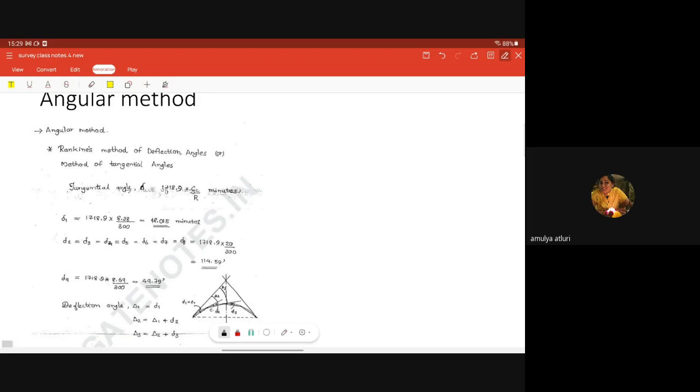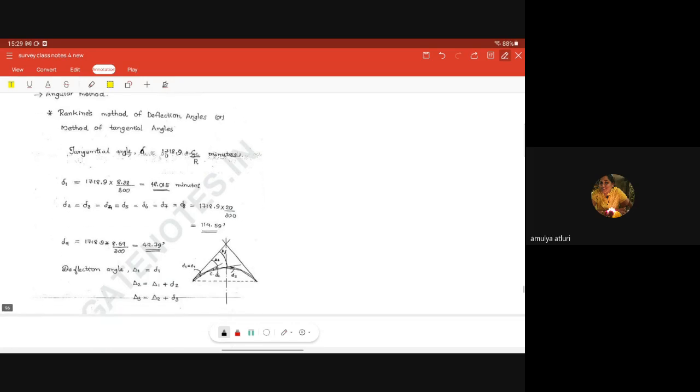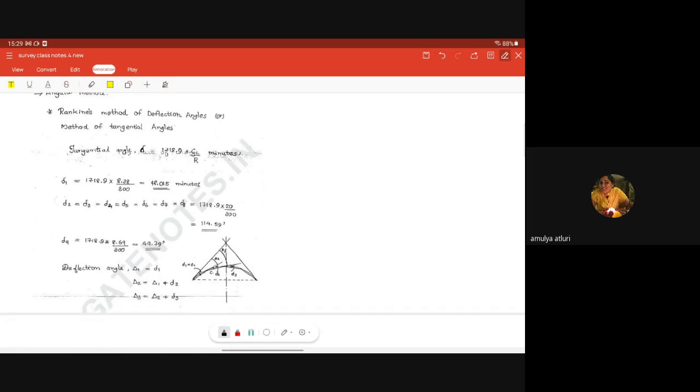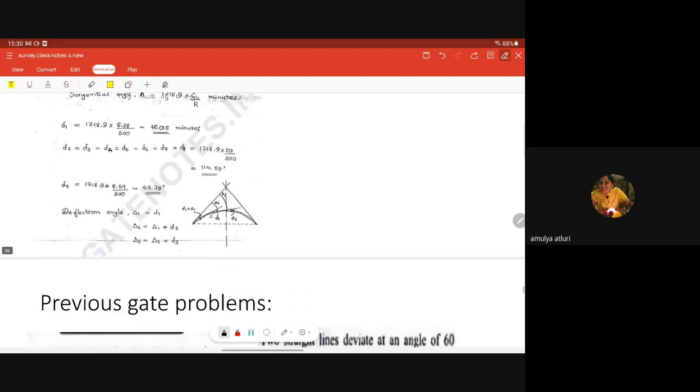The angular method is nothing but Rankine's method of deflection angles, or the method of tangential angles. Got it? The tangential angle delta, if my curve is a 20-meter or 30-meter curve, is equal to 1718.9 into C by R, in minutes. So we get delta 1, delta 2, delta 3, and you can just calculate them.